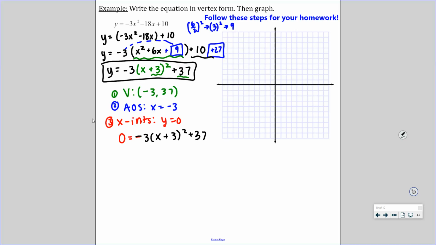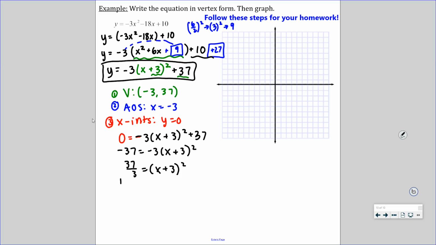Okay, so we move over that 37. What would I do next? Divide by -3, so I get 37 thirds. Then I would square root both sides.